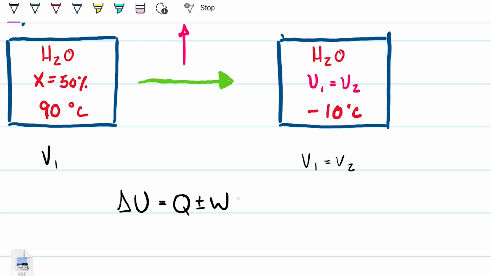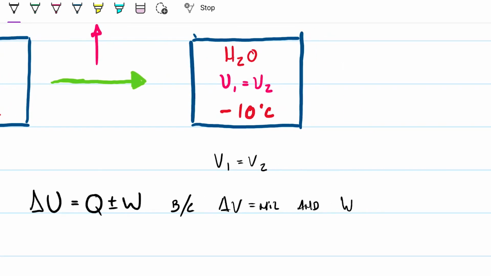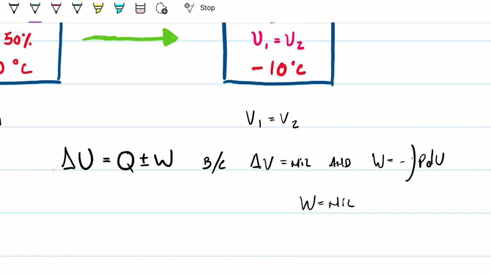And here, because delta V is nil, and work is the integral of P dV, then we know that work is also nil. If this is the case, then I can conclude that the change in internal energy will be equal to my heat. So to solve this problem and find the heat, all you need to do is find the internal energy for the initial state, 1, and the internal energy for the second state, 2.